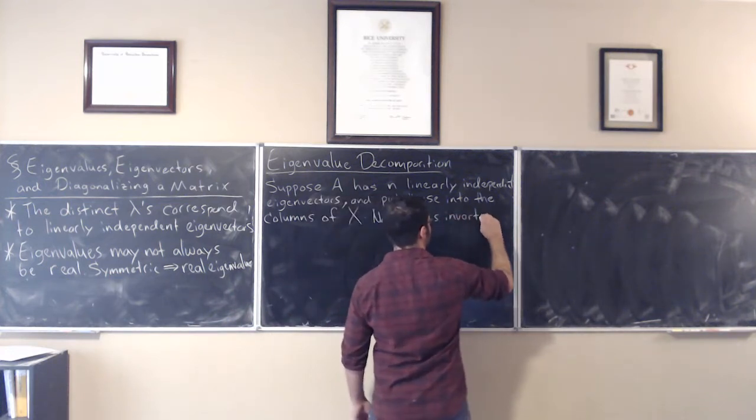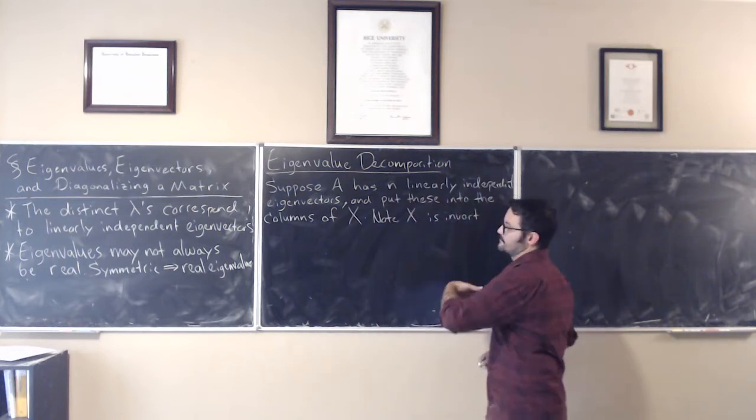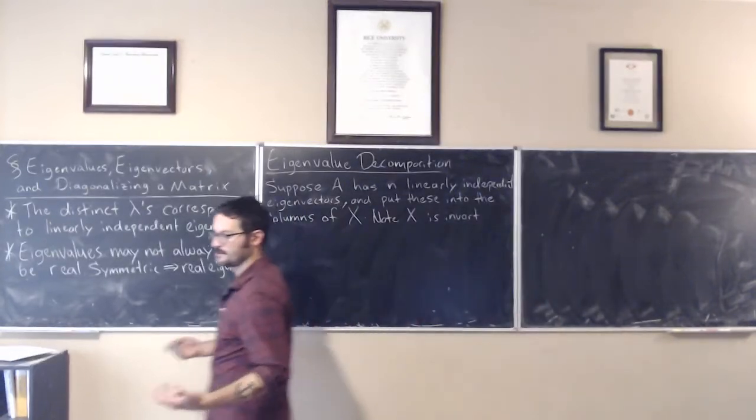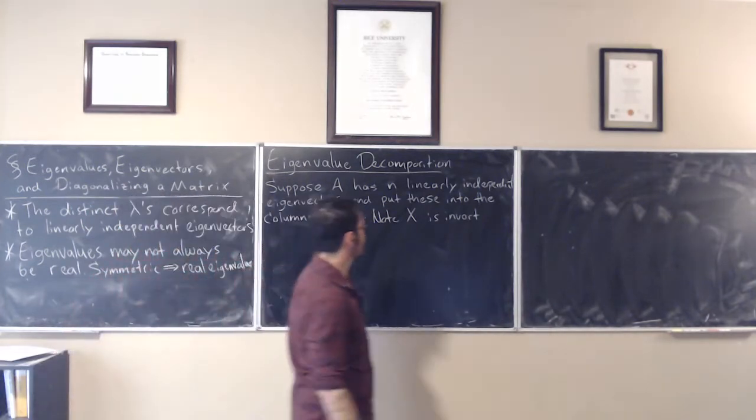When the columns of the matrix are all linearly independent and it's square, you can invert it. So X is invertible.